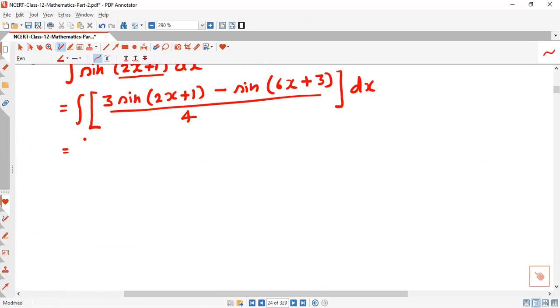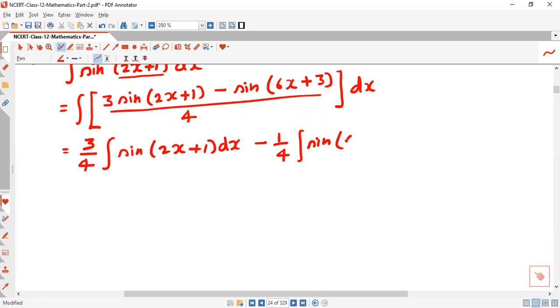This is 3 by 4 taken outside, integration sine 2x plus 1 dx minus 1 by 4 integration sine 6x plus 3 dx. Now it is in simple form. Now we have a direct formula.